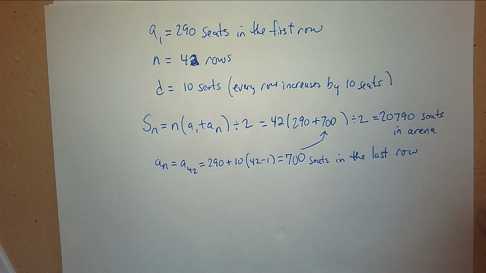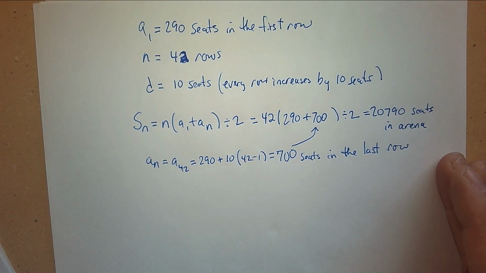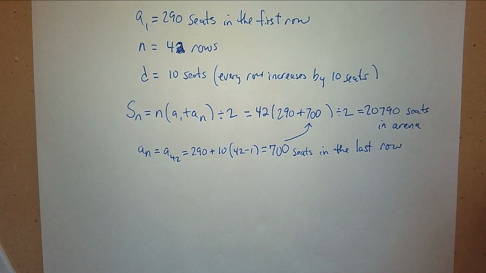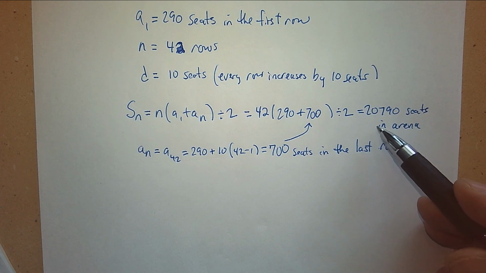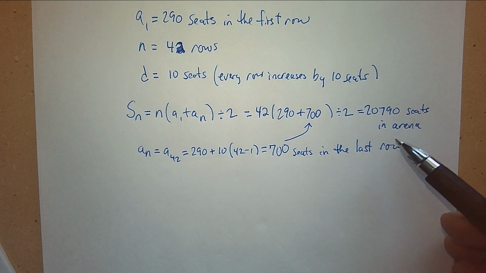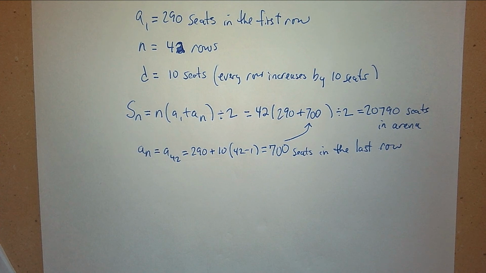So for my arena, how many actual seats do I now have? 20,790. It adjusted a bit, right? After I knew what my common difference was. Is that still between 18,000 and 22,500? It is, and if you look at most arenas, that's a proper number, 20,790.